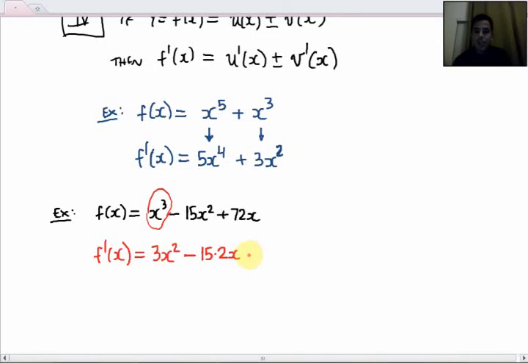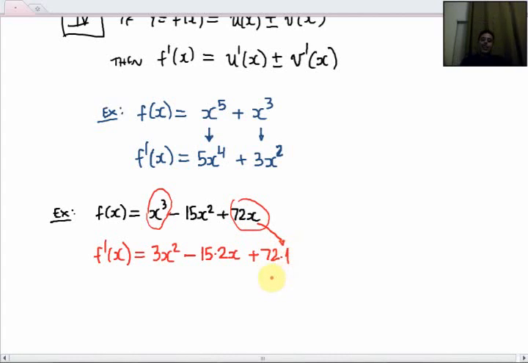Now here is the interesting part. What is the derivative of 72x? Well, we can repeat the 72, and then what is the derivative of x? It turns out the derivative of x is 1.